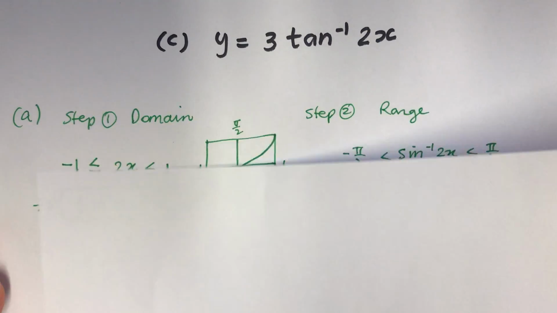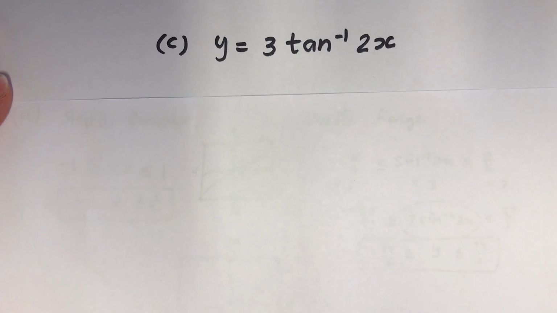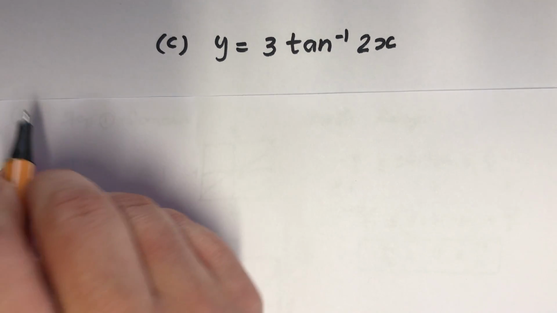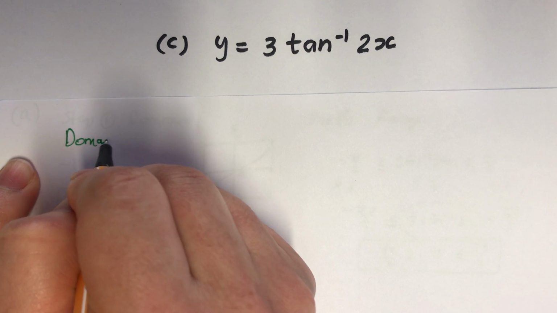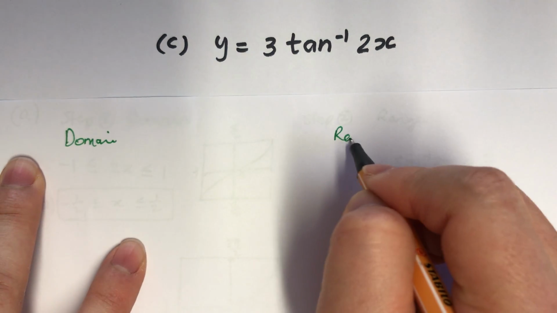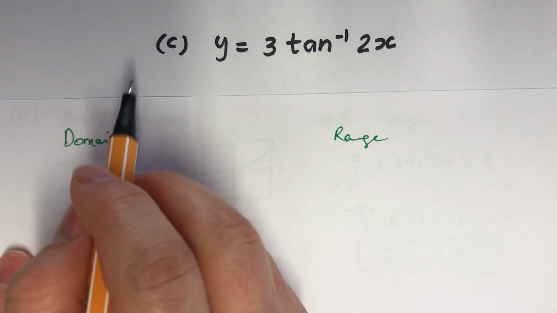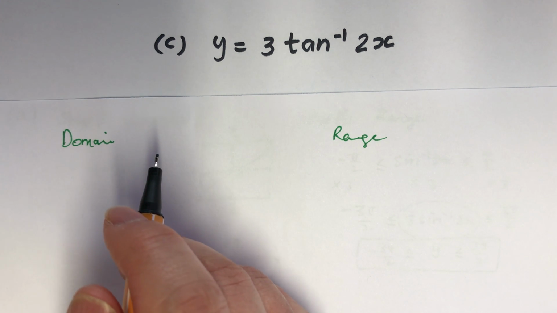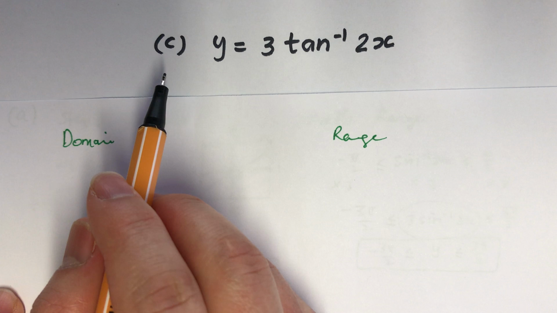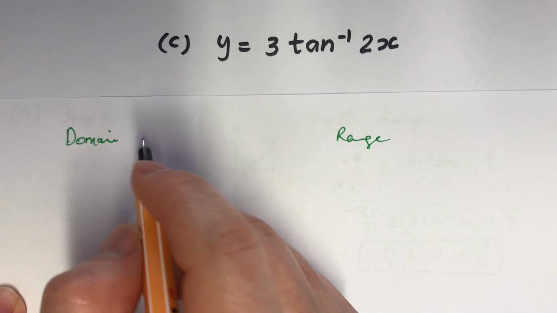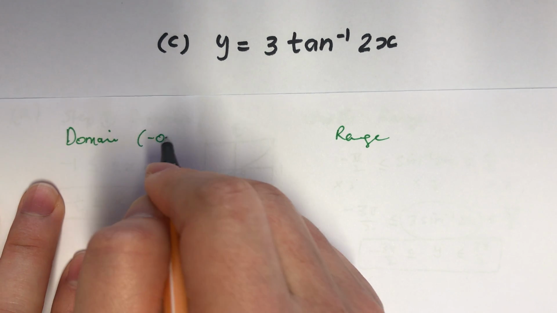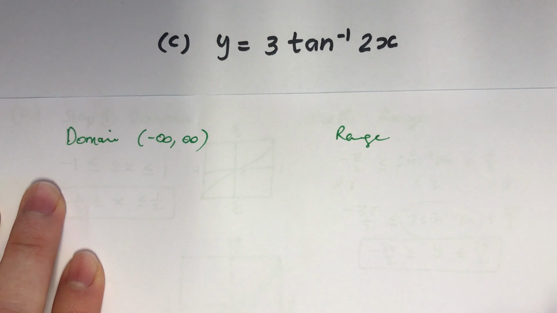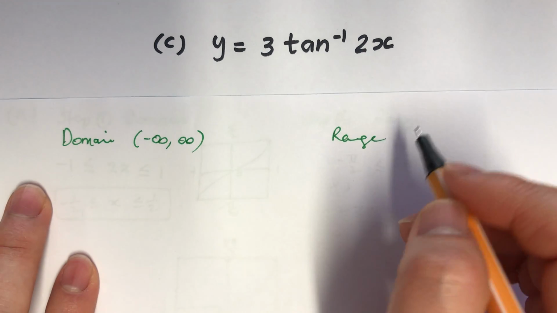Excellent. And the next one, y equals 3 inverse tan 2x. Let's have a look at the domain and the range. The domain will be different now. With a tan, the domain will be anything, all x.